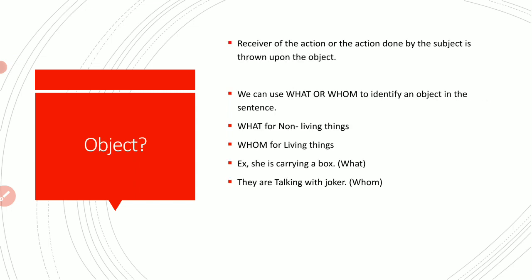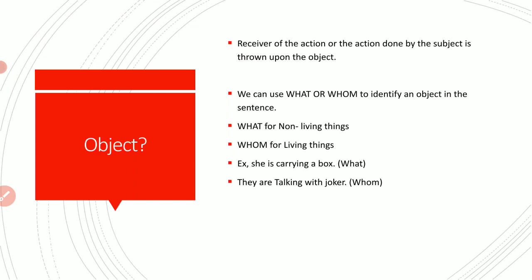Now the next one, that is object. Object is known as the receiver of the action, or the action done by the subject is thrown upon the object. Whatever the subject is doing in the sentence, that actually receives an object. For example, when I say I am writing a letter, I is the subject here, am is the linking verb, and writing is an action verb.